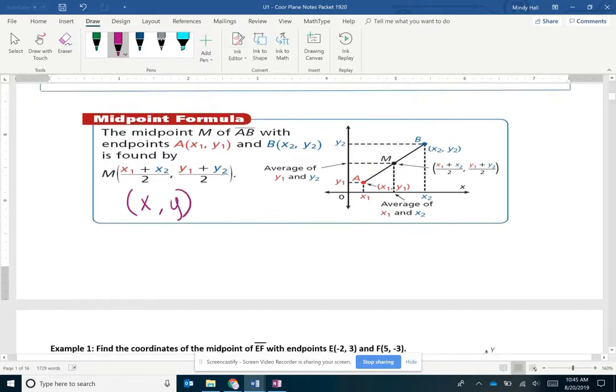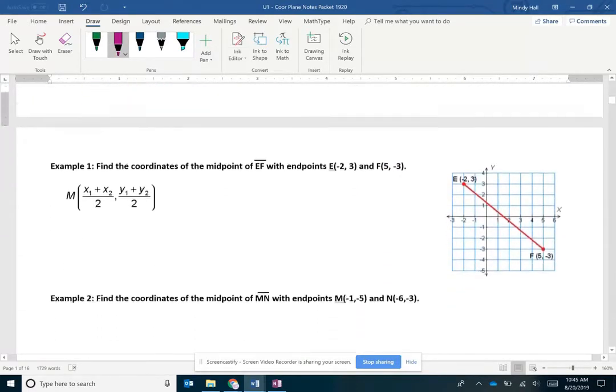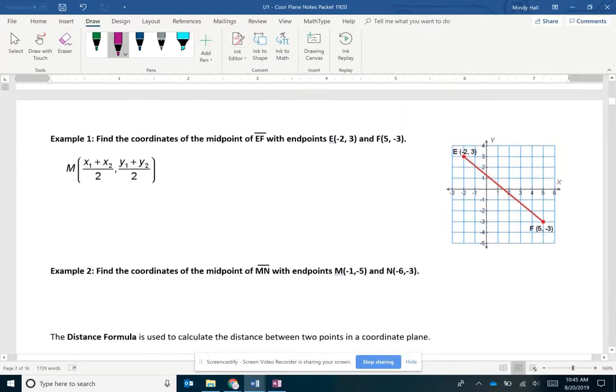So to actually put that into action, we want to find the midpoint of EF, which has -2, 3, and 5, -3. So we are going to take our x values first, and we are going to add them. So it is going to be -2 plus 5 divided by 2.